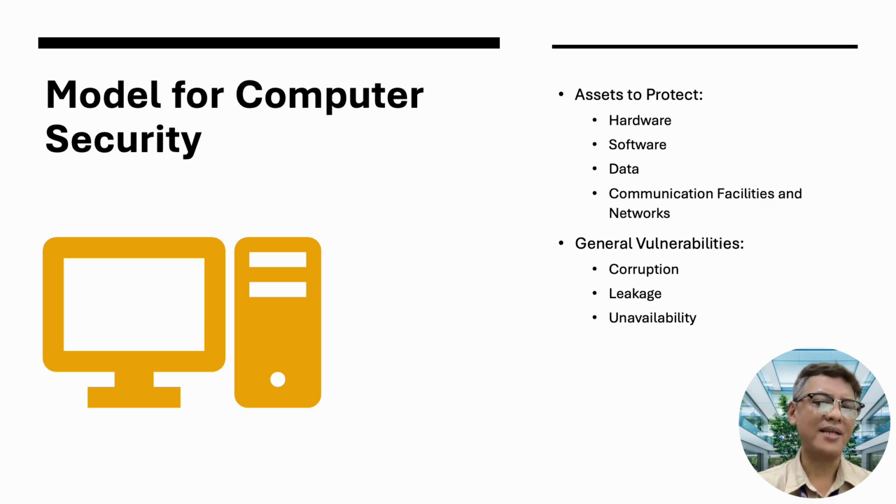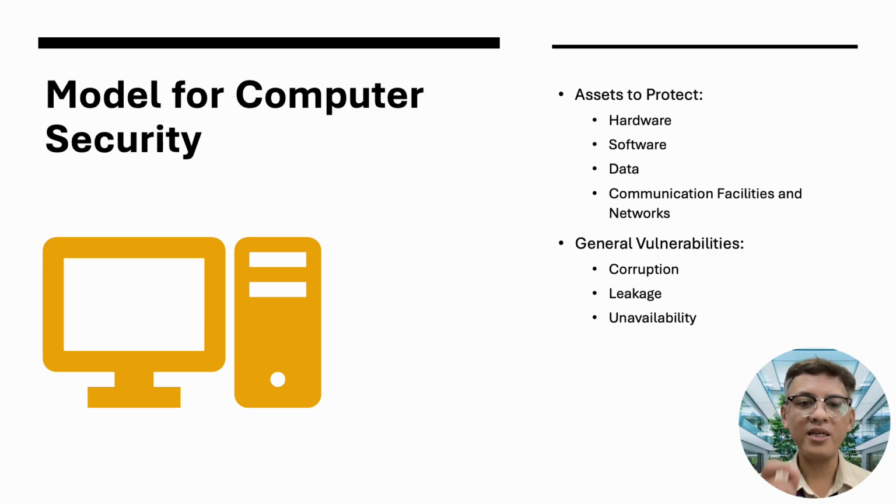Data, encompassing documents, databases, user credentials, and sensitive personal information. And communication facilities and networks, involving both local and wide area networks, and the devices that manage their connections. Each of these assets possesses vulnerabilities or weak points that threats can exploit.